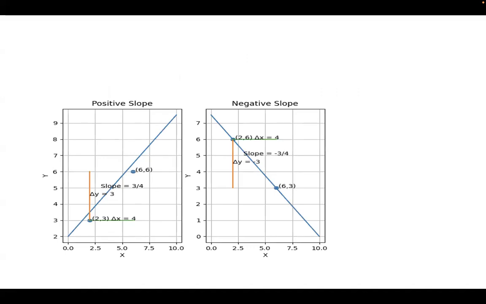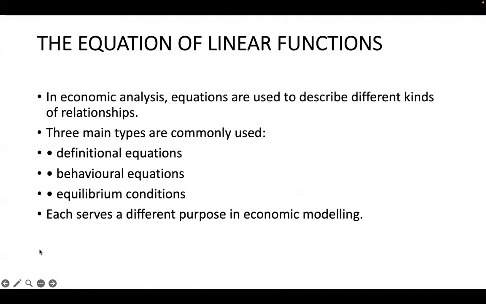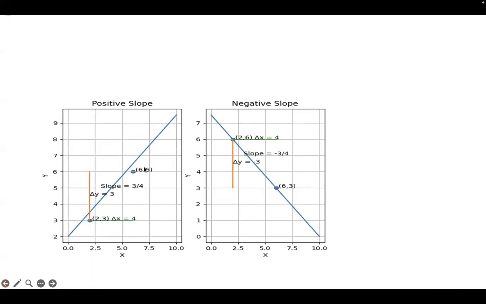With coordinates, let's say we have the points (2, 3) and (6, 6). 2 is on the x-axis, and 3 is on the y-axis.